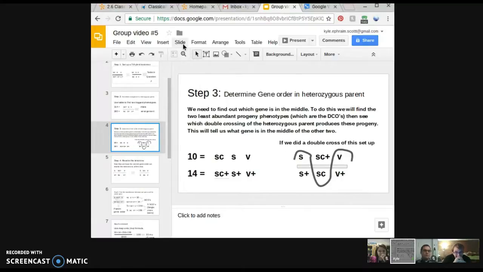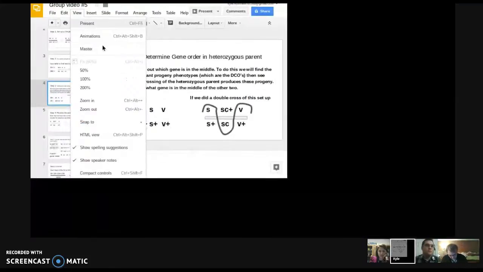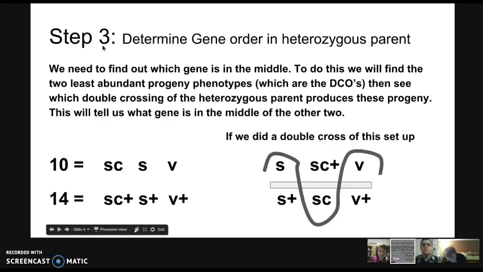Alright, so we're going to use the double crossovers to find out which gene is actually in the middle on the chromosome. And see, these are our double crossovers, and we need to use the heterozygous parent and find out which gene will go in the middle to produce our double crossovers. For this one, we find out that if we switch the SC and the SC plus, then that will produce a double crossover.